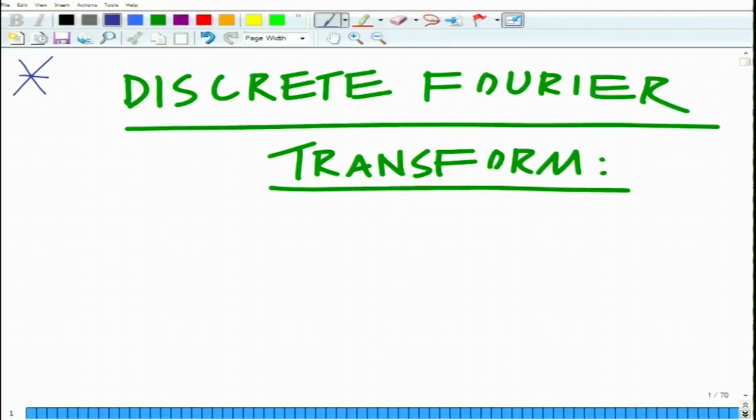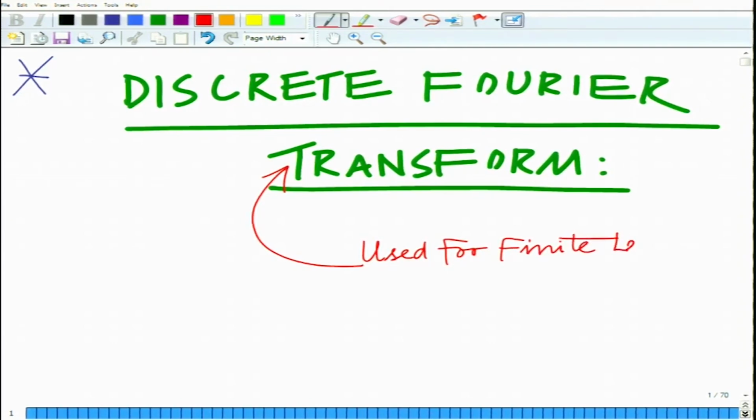Okay. So this is used for finite length sequences. As I said, it is a very key transform. It is used heavily in images, audio and video processing, and for that matter also for communication applications, especially wireless communications applications and so on.